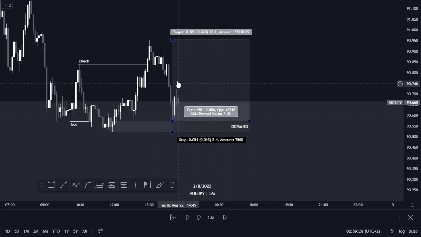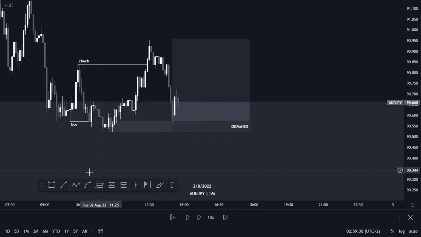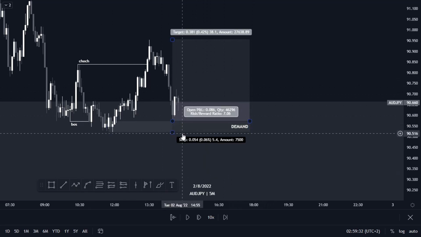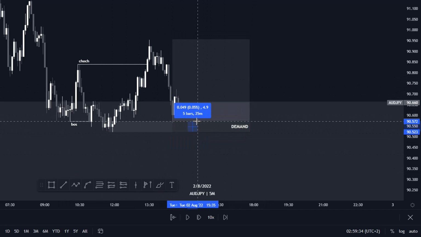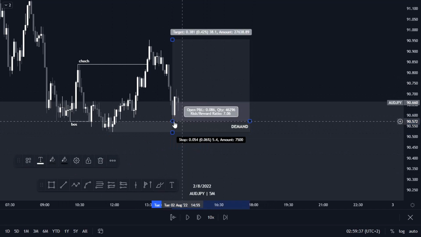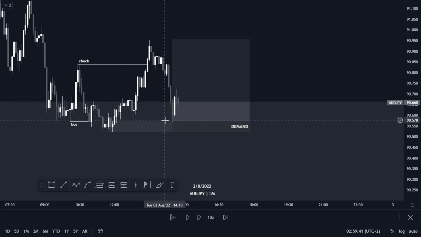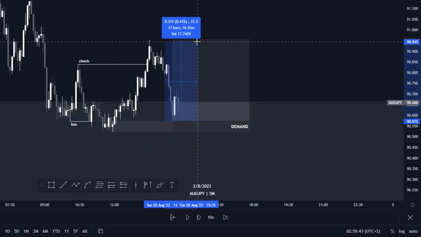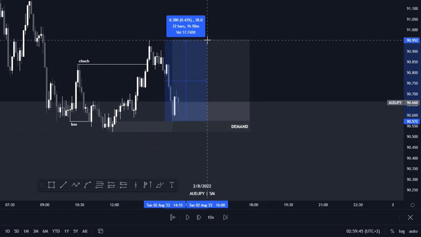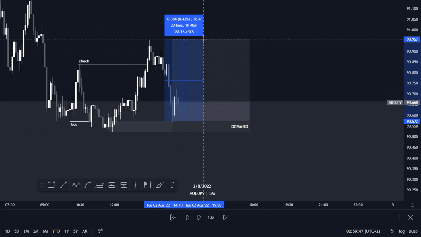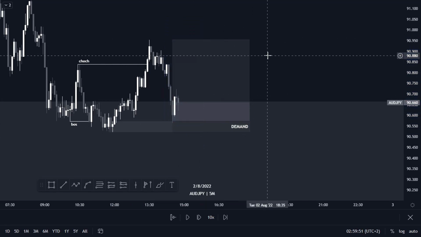So if you're opening a lot 1 here, you'd be risking $50. If you're taking partials at the next high here, it would be around about $400. So let the trade be.